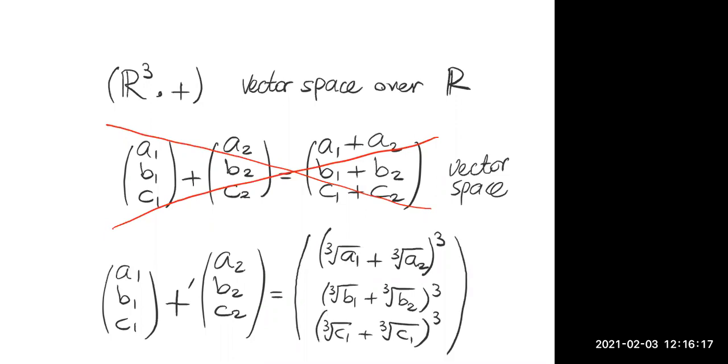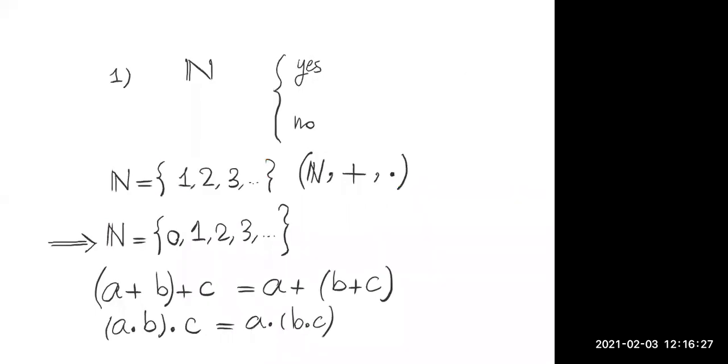Okay, now I have a new definition for addition of elements in R3. Again, I can multiply any element here, say A1, B1, and C1 by a real number. Say R is a real number.